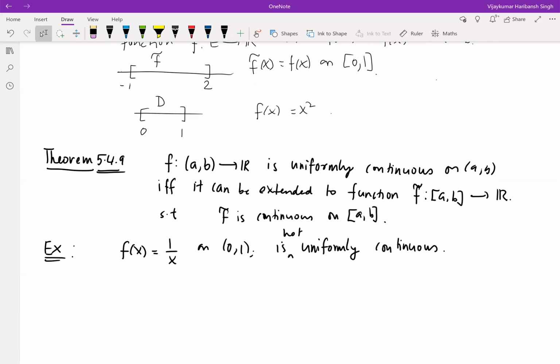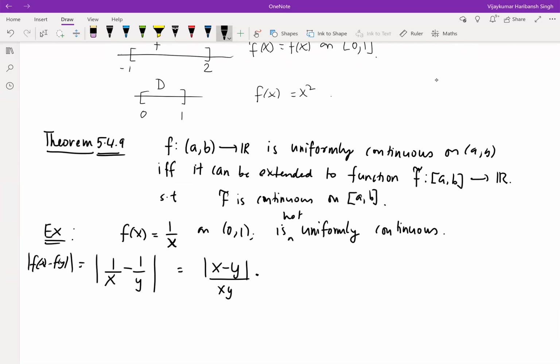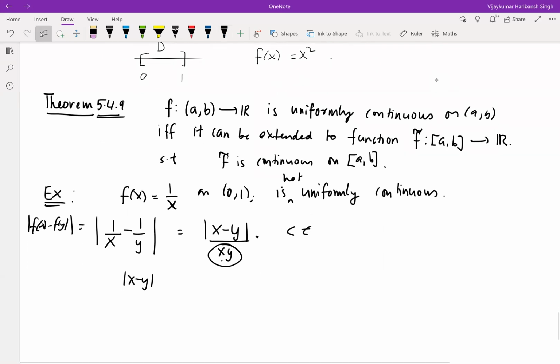Take 1 over x minus 1 over y, which is your f of x minus f of y, and then you'll get y minus x over xy, which is the same as x minus y divided by xy. No matter what your x minus y is, you want this to be less than epsilon, but you can choose x and y close enough to 0 that this whole thing will blow up and it will never get less than epsilon. So this could be a good homework to check that f of x equals 1 over x is not uniformly continuous.